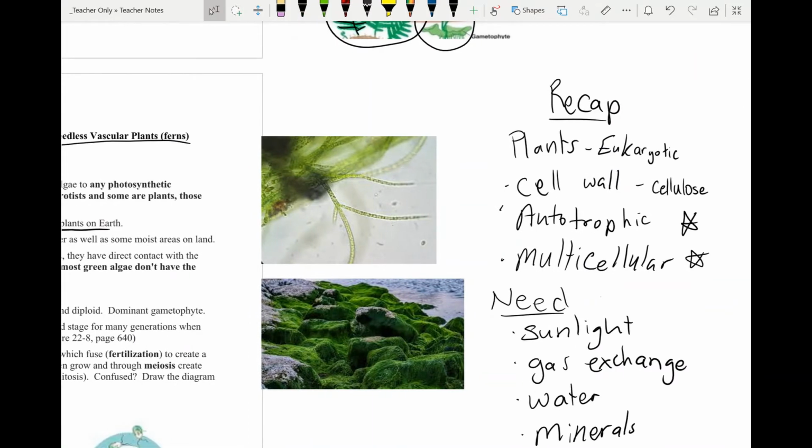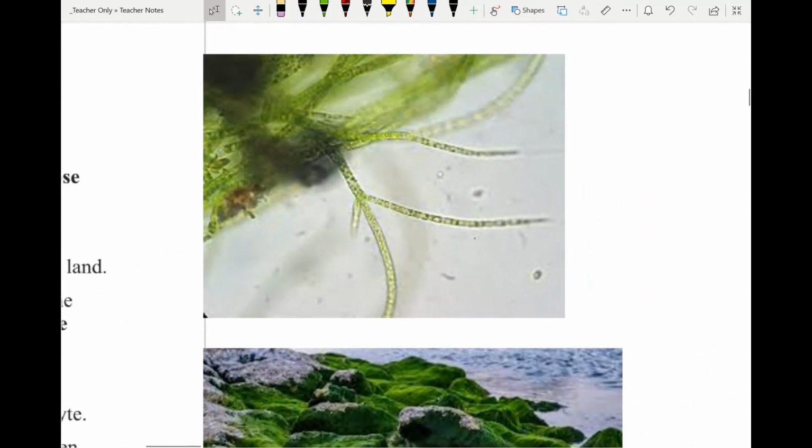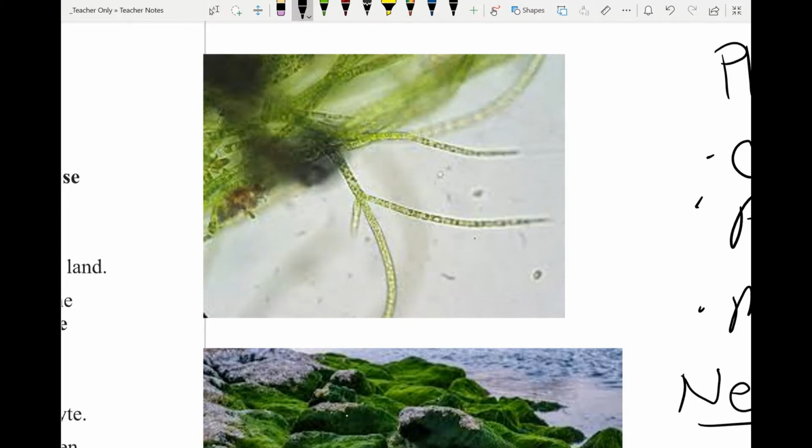So here's a close-up image of algae. If you remember back to our pond water lab, this is maybe one of the types that you've seen. There are a few other types, but basically what the second part is saying is if you have this very thin filament that I'll focus on here, it's going to be surrounded on all sides by water.